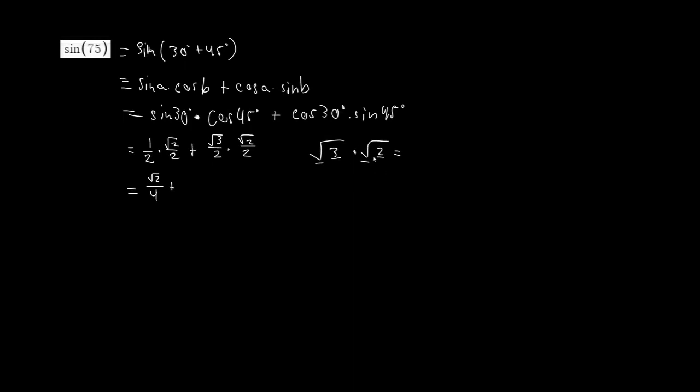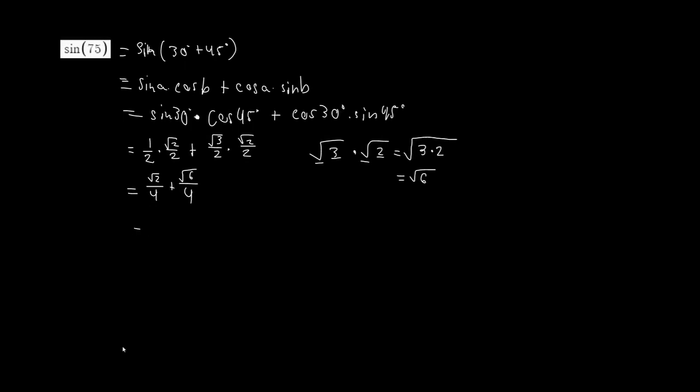So what can we do about this? Just copy the root, then multiply the two radicands inside of that root, and that would be your final answer. So therefore, square root of 3 times square root of 2 is equal to square root of 6, all over 2 times 2, 4.